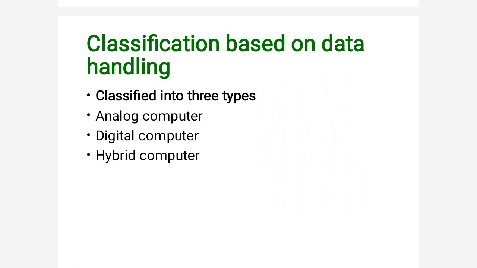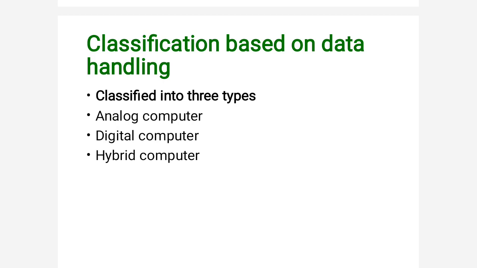Then I told you we can classify computers based on purpose as well as data handling. Till now you learnt about purpose. Next we have data handling. What is data? Data is nothing but information. So based on how the computer is going to handle the information, I can classify computers into three main types.